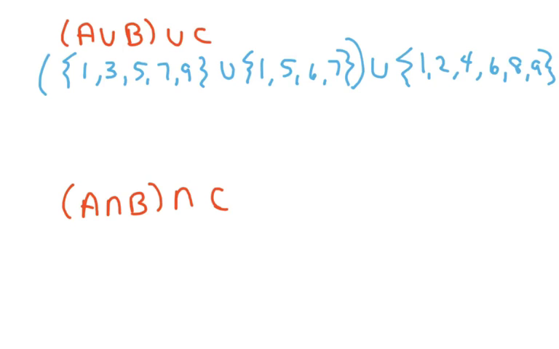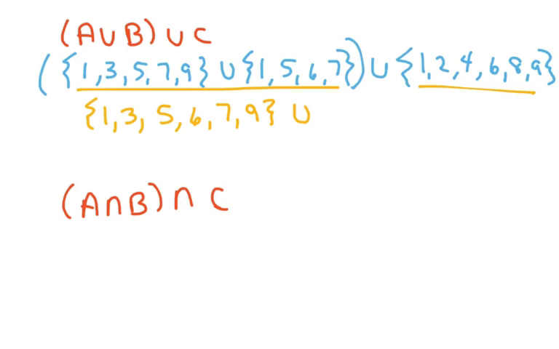So I'm going to take care of this part first, and that's uniting it, so it's all the numbers together, and I'll just write them all out. 1, comma 3, comma 5, comma 6, comma 7, comma 9, and then I'm going to copy this down again.